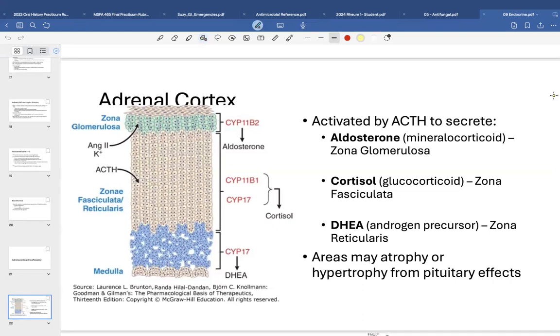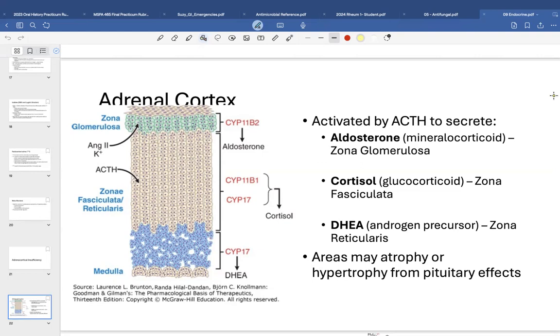Cortisol, glucocorticoid. You have aldosterone, which is your main mineralocorticoid. And that's secreted from your green cells. And I don't know if they're really green, but in this diagram they are. That's your mineralocorticoid, it's aldosterone.